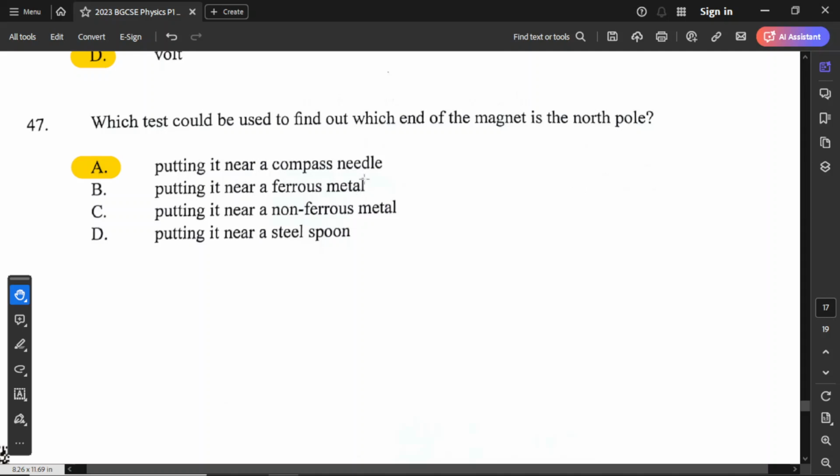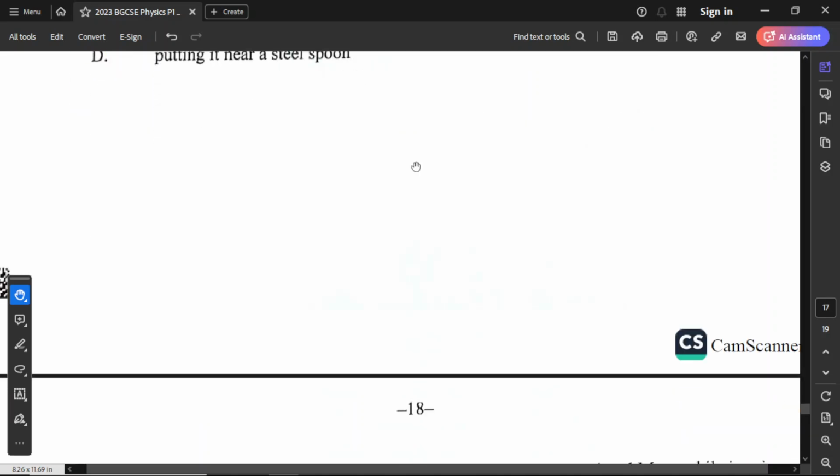It will just be attracting the metal. That's all that happens. Put it near a non-ferrous metal, definitely no attraction at all, because non-ferrous material cannot be magnetized. Put it near a steel spoon, it will be just like B. They attract to the magnet, but you can't tell which pole is which.